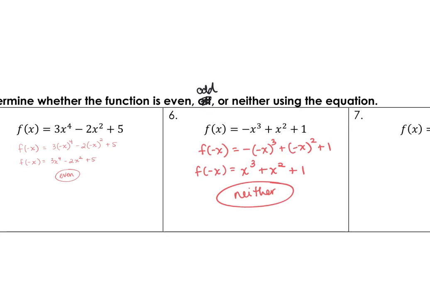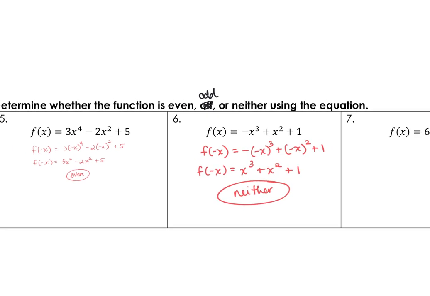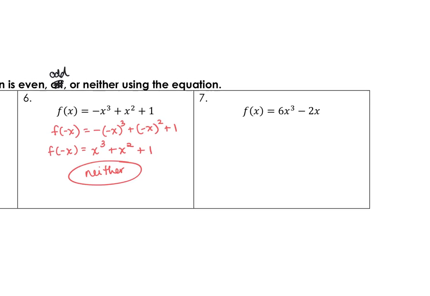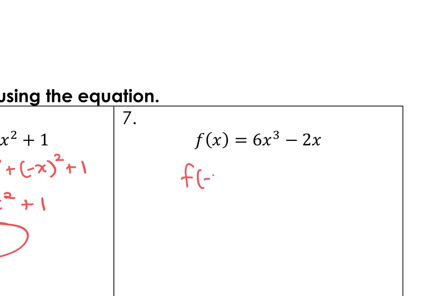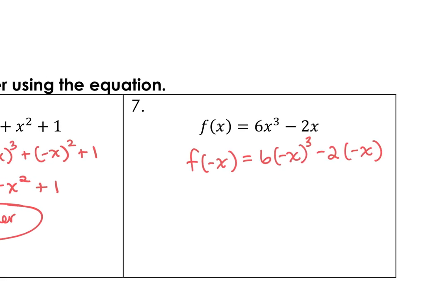All right, so then our last example here, number 7, we have f of x equals 6x to the third power minus 2x. So when we plug in negative x, we would have 6 times negative x to the third power minus 2 times negative x. We already talked about this, but when I cube negative x, that's going to give me a negative, times the 6 would be a negative 6x to the third power.